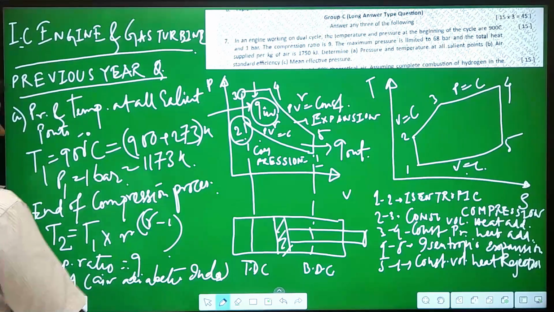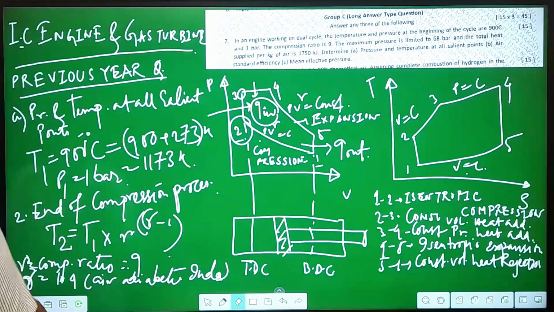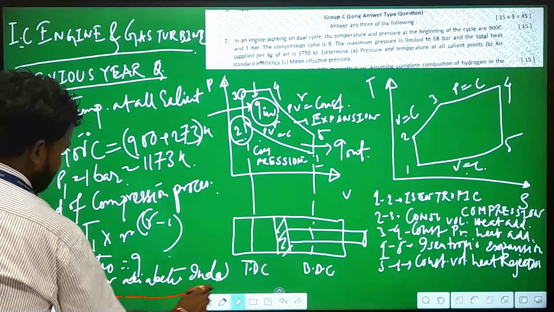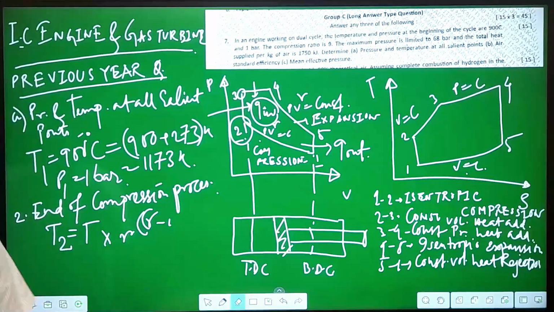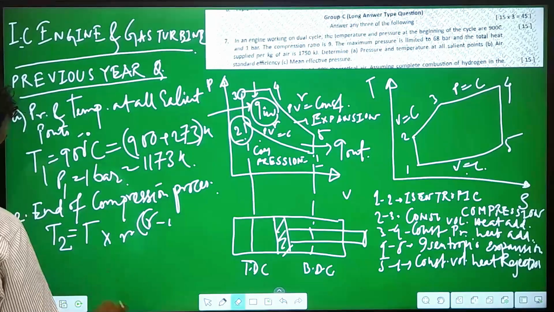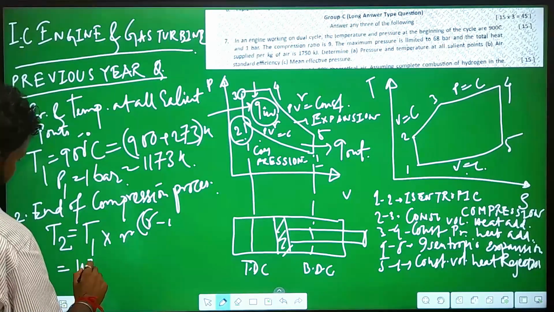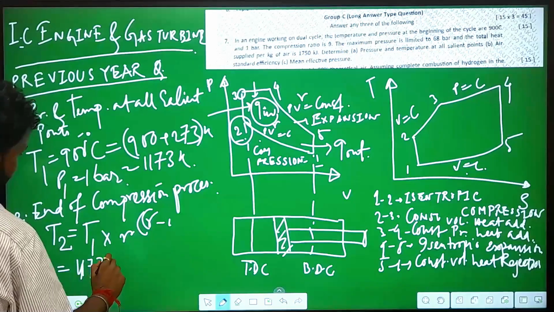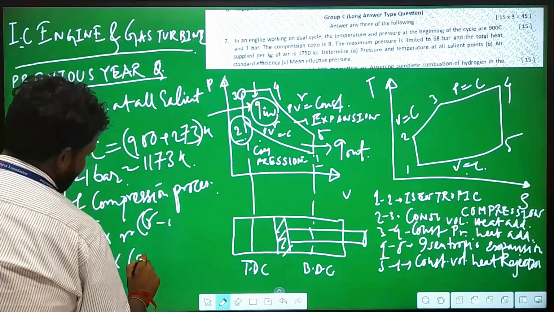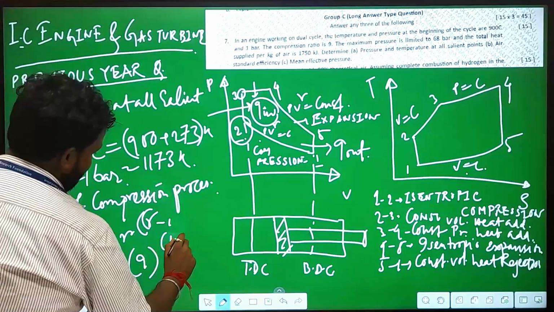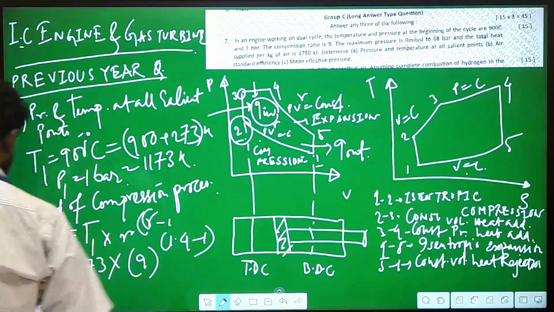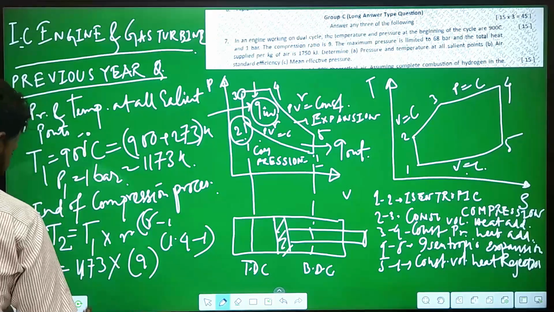If we solve the problem, T2 is T1, which is 1173, into 9 to the power 1.4 minus 1. So, what will be the temperature?